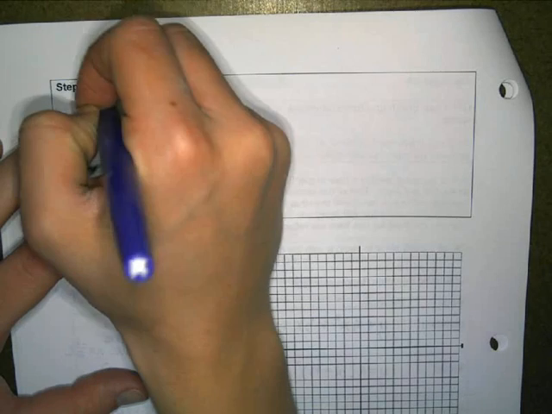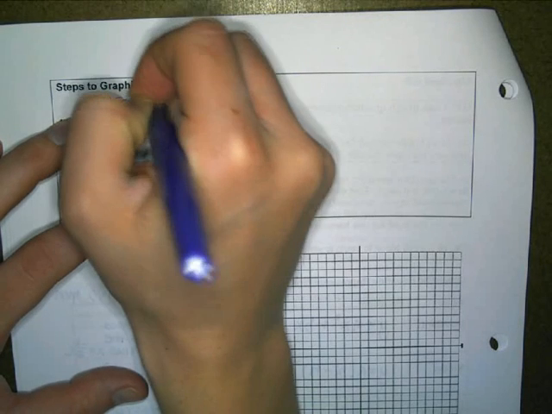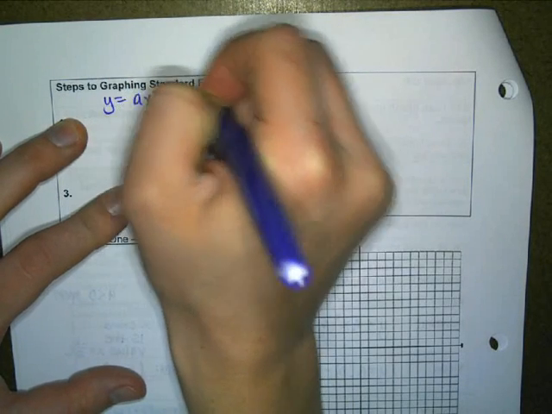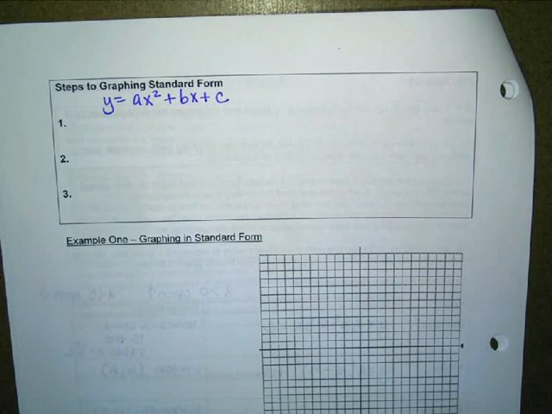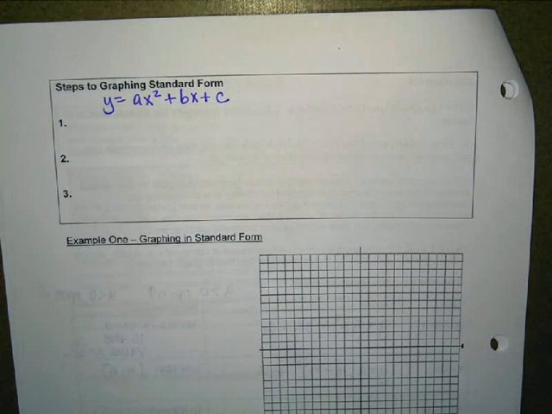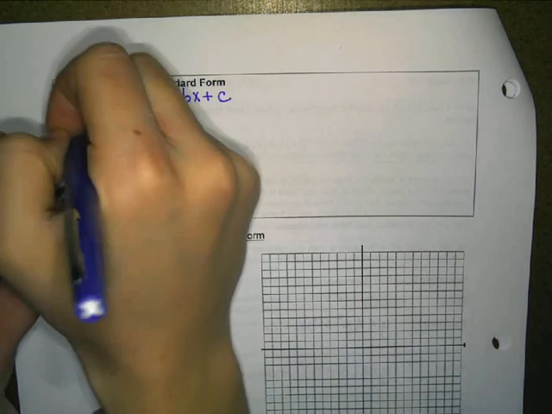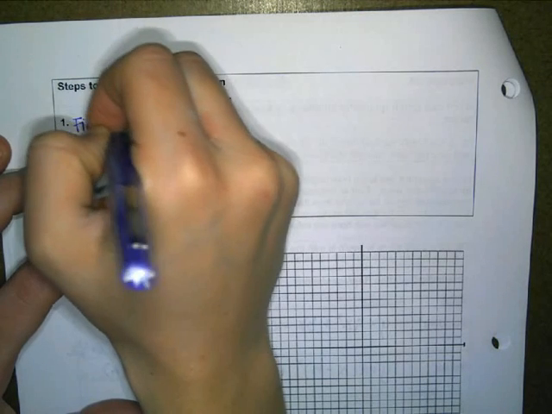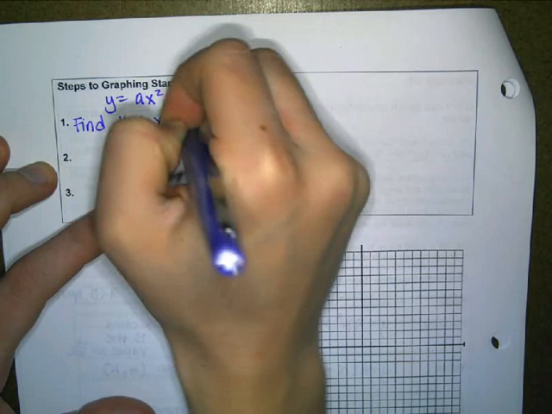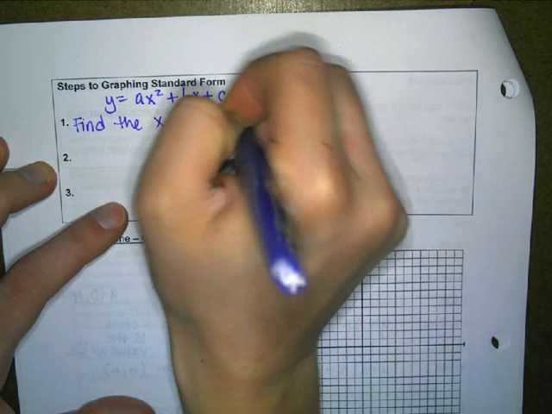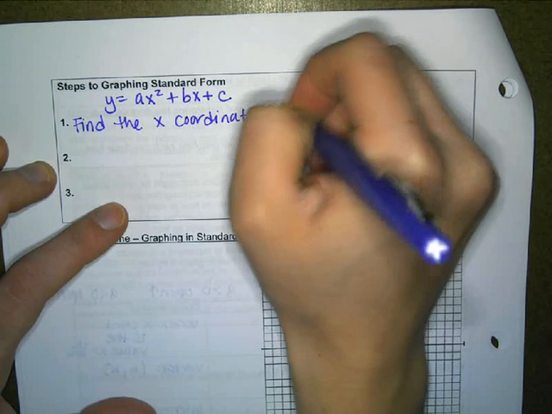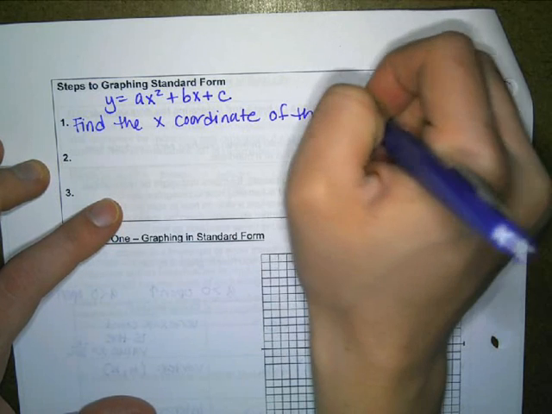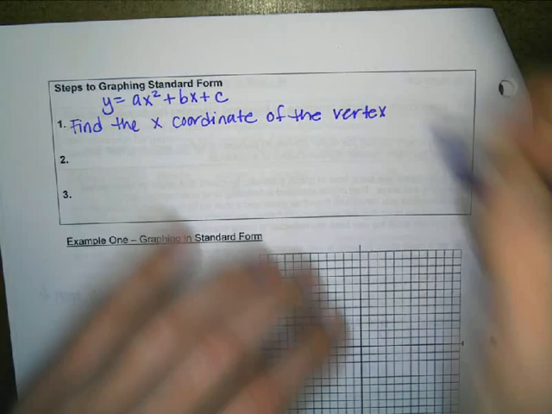First of all, let's go ahead and write down what standard form is. Like you found in the web quest, our first step here is going to be focusing on the vertex. So we're going to start by finding the x-coordinate of the vertex.